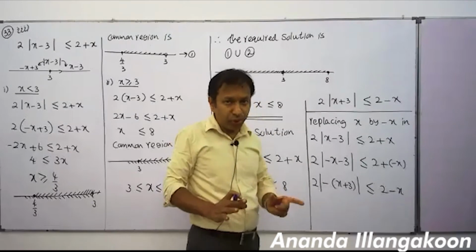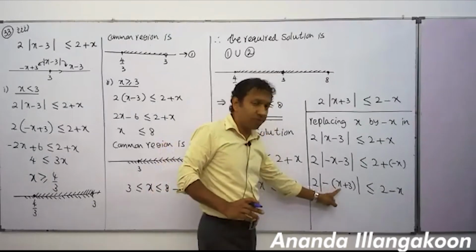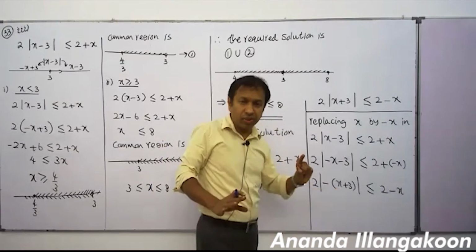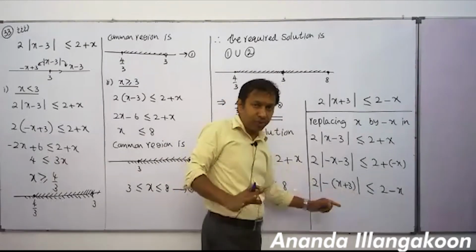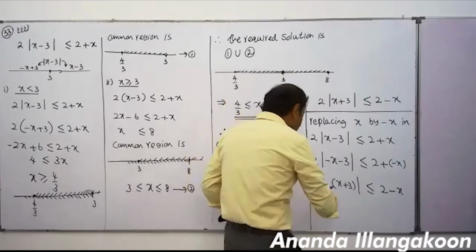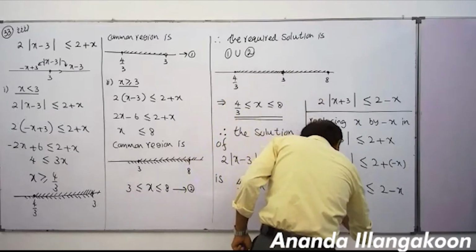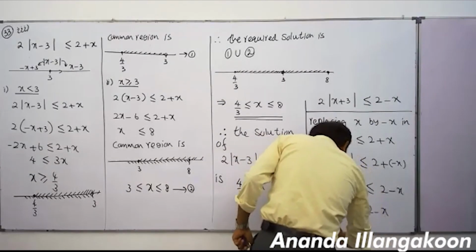Because after getting modulus, finally we should have a positive value. Since we don't know the exact value of x, nobody can say the sign of x plus 3, whether it is positive or negative. But finally, since we have the modulus in the left hand side, the left hand side answer should be positive. So we ignore this minus sign and then we write instead of that mod x plus 3. See what happens?